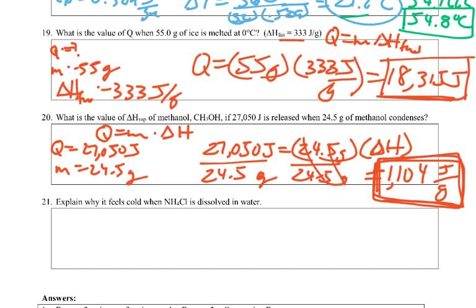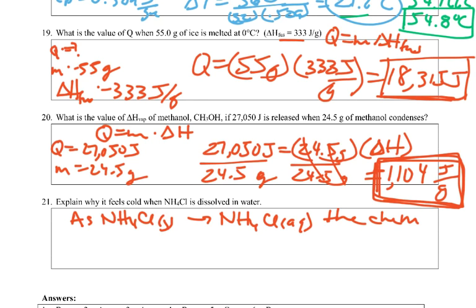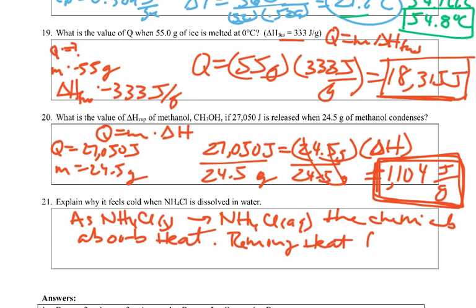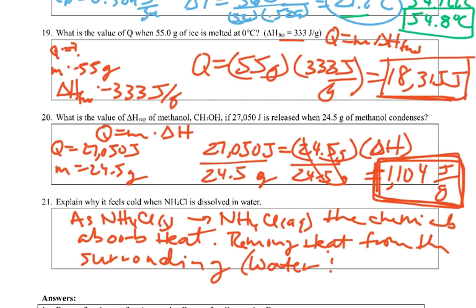The idea is as NH4Cl solid changes into NH4Cl aqueous, the chemicals absorb heat, and if they absorb heat, it's removing heat from the surroundings, which is going to be the water and your hand.